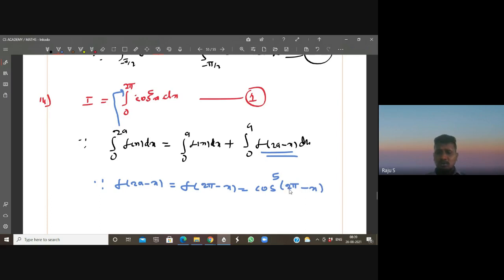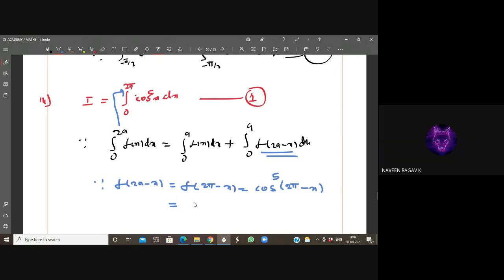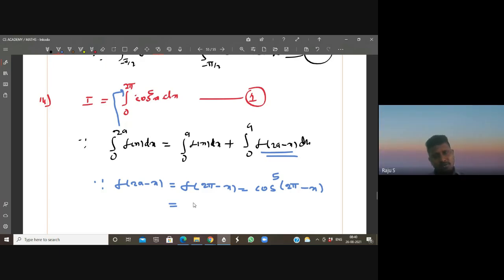Students, anyone, what about cos of 2 pi minus x? What is cos of 360 minus theta? Is it sin power 5x, or cos power 5x?